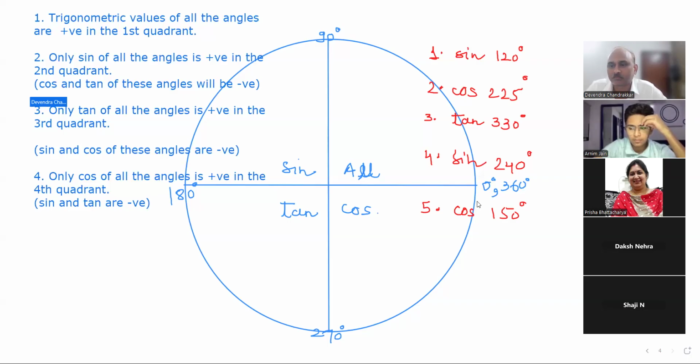Prisha, is it happening, beta? Sir, first one is positive, rest are negative. Yes, very good, very good.